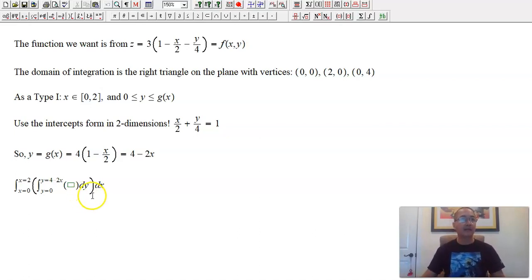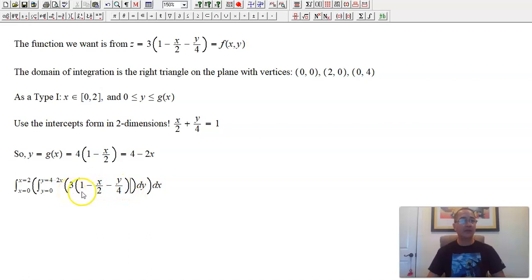And the function that we are integrating is up here, our f of x, y. It is this. Should we distribute the 3? I don't think so, because we have our properties that 3 can just go out of the integral. So there we go.